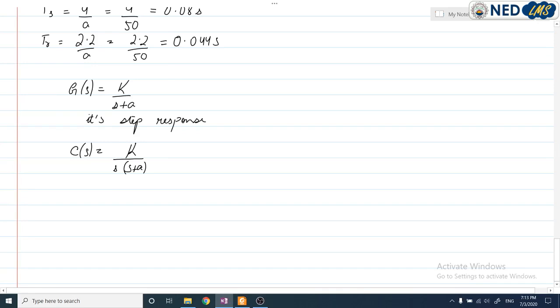So if we want to find out its output response, then we have to perform the partial fraction technique.